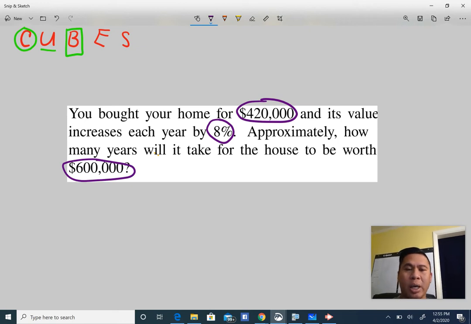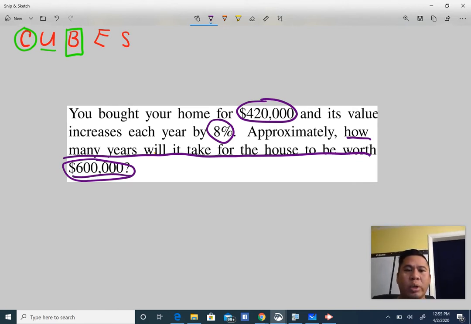So this application is on investment, in this case the price of a house. Let's circle the numbers: 420,000, 8%, and 600,000. Let's underline the question: how many years will it take the house to be worth 600,000?